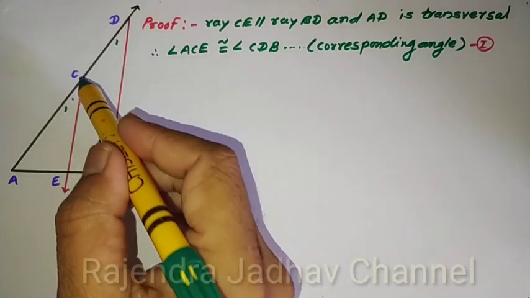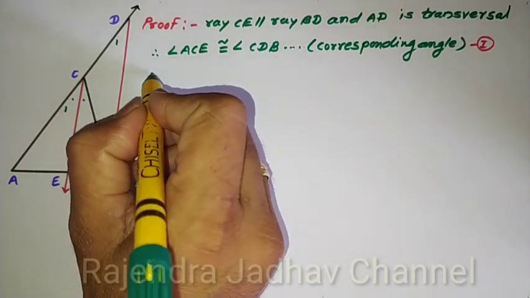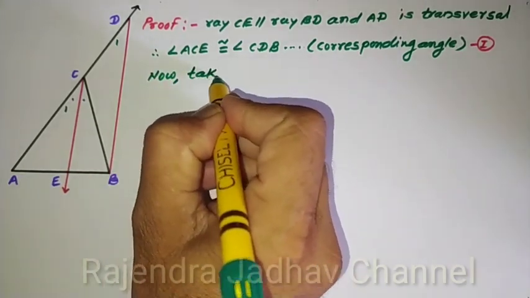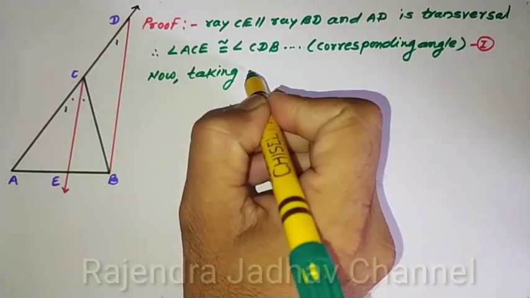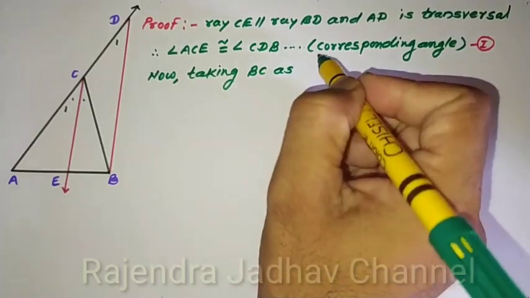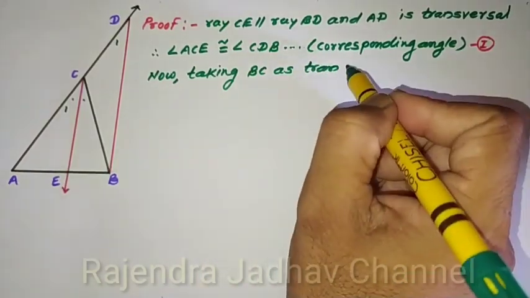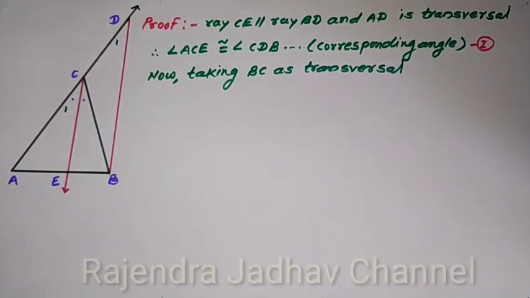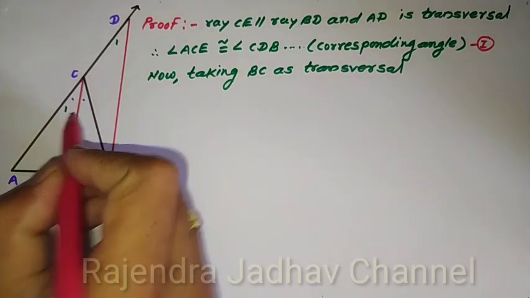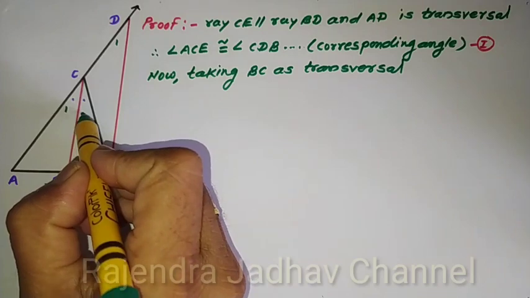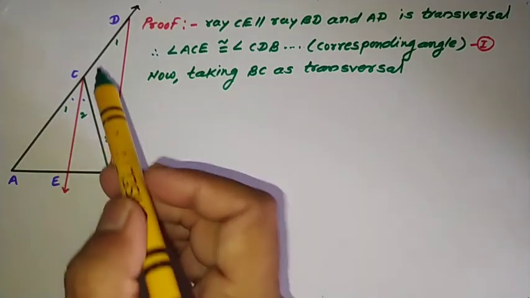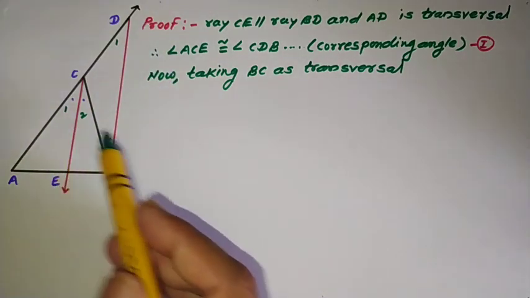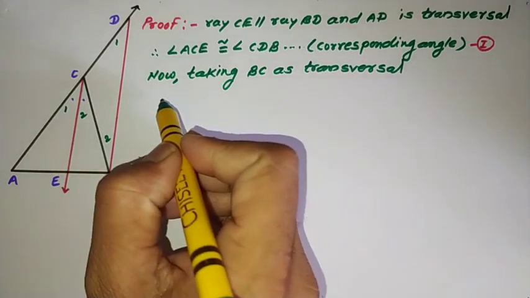Now taking BC as a transversal, these two angles, angle CEB and angle CBD, are alternate angles.